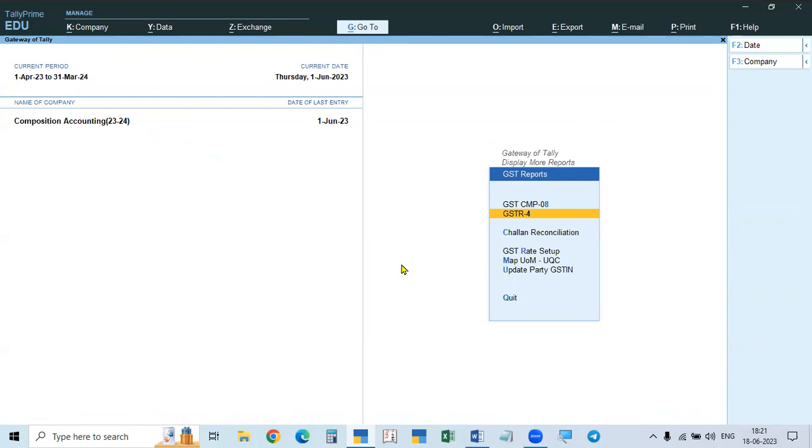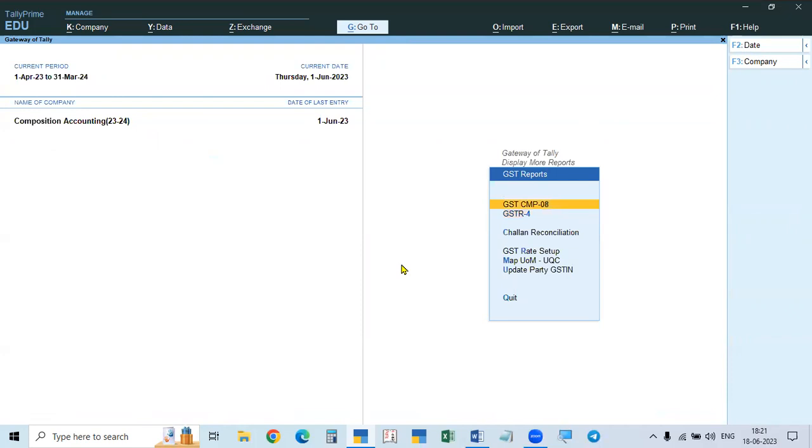But when you are filing the annual return after the year, in the GSTR 4 for 1 year, in that case, manually we have to enter what are the total sales during the year.